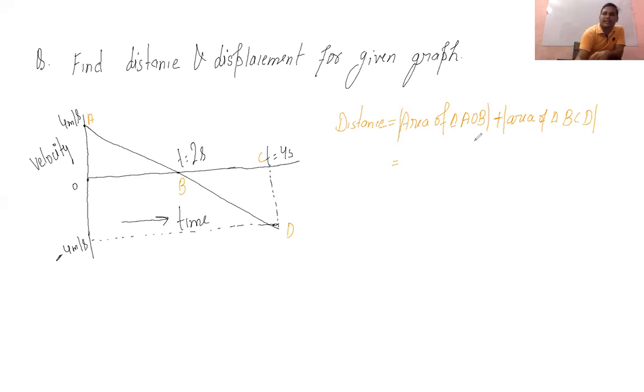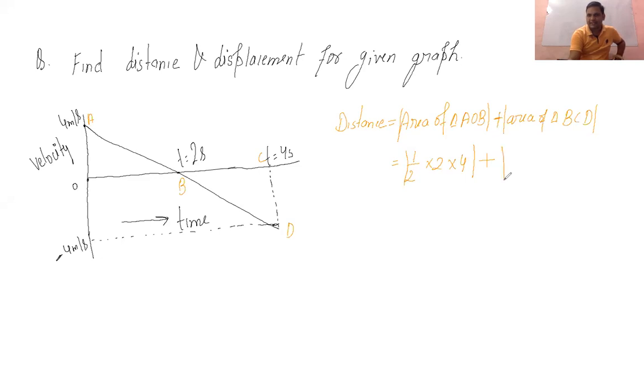In case of the area of triangle AOB, you know half base into height. Half base is 2, and height is 4. So half into 2 into 4, plus the area of triangle BCD. So we have to take the mod value. This is positive, so it will be positive.